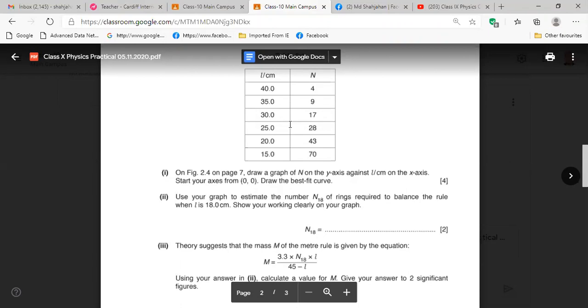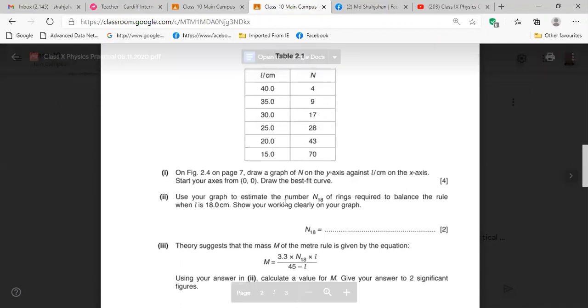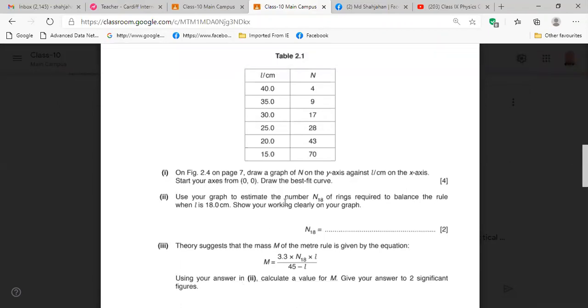Sir, please tell me again how many boxes for the x-axis. The x-axis will be 60. You have 20 squares. That's why you will take 16, and 16. So 4 squares will be 10. Okay, yes sir. Thank you.